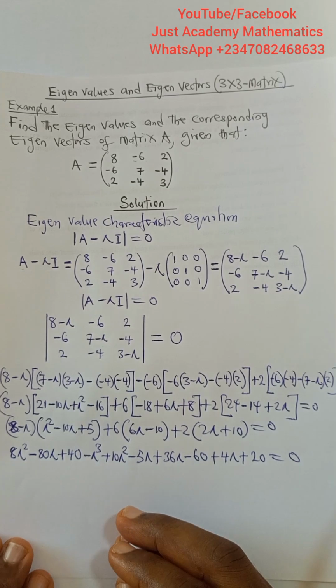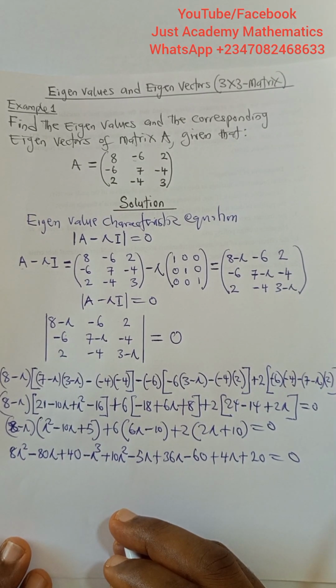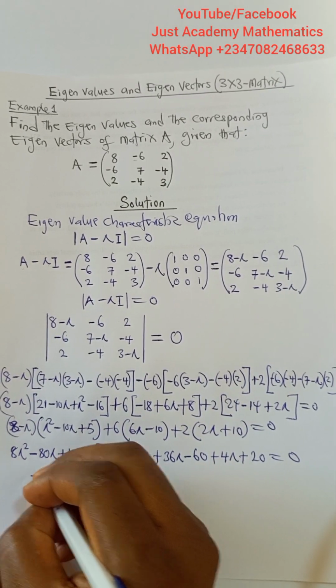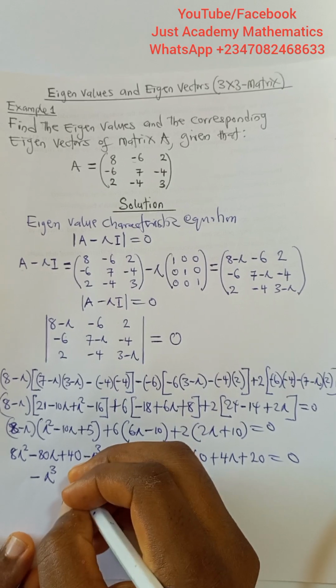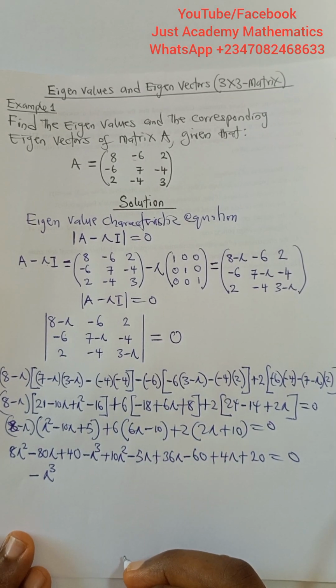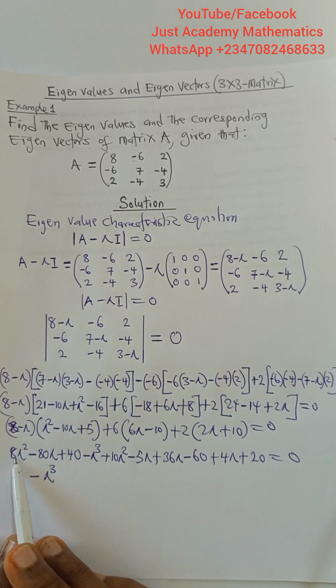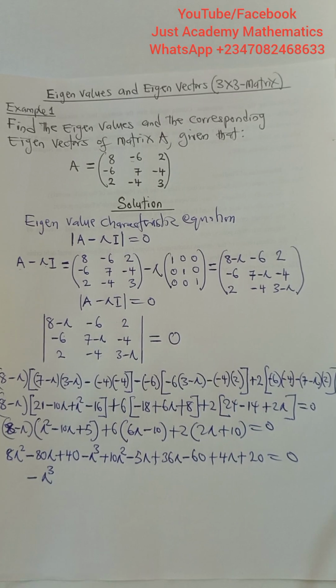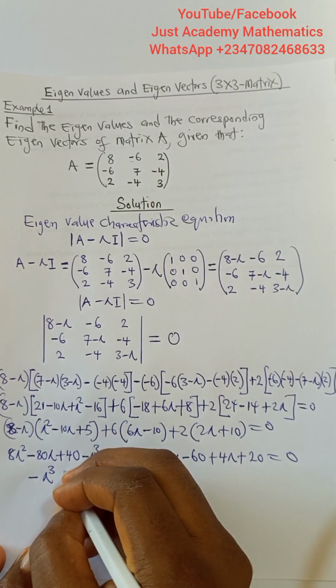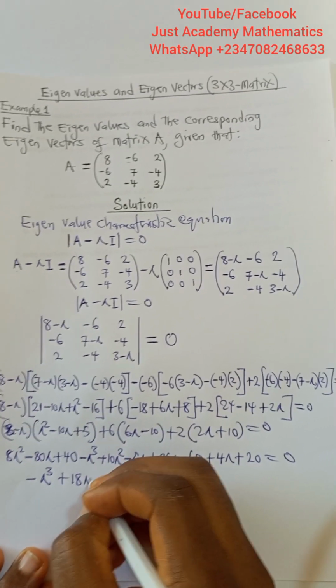Now, let's move on. If we start with minus lambda raised to the power of 3, what will follow? We have 8 plus 10, which will give me 18, plus 18 lambda square.